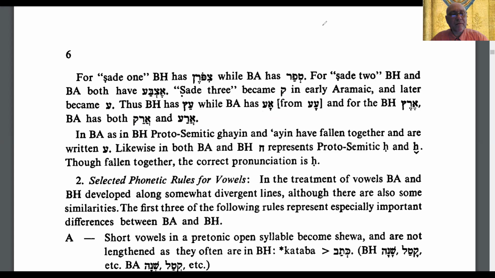So in Biblical Aramaic, as in Biblical Hebrew, Proto-Semitic ghayin and ayin have fallen together and are written ayin. Likewise, in both Biblical Aramaic and Biblical Hebrew, this looks like a chet, C-H-E-T. I've seen it spelled out that way, but this is kind of a sound.